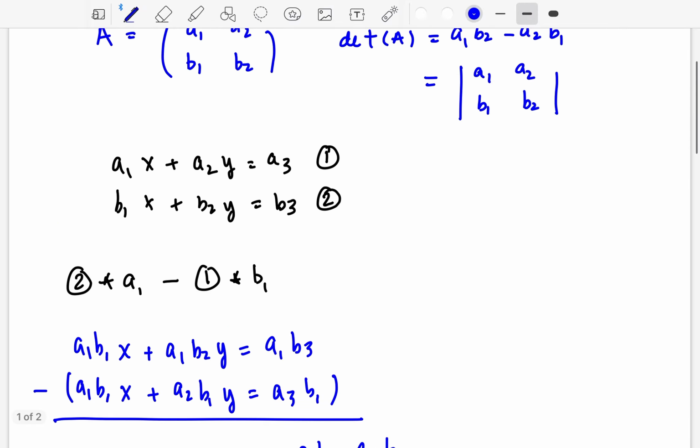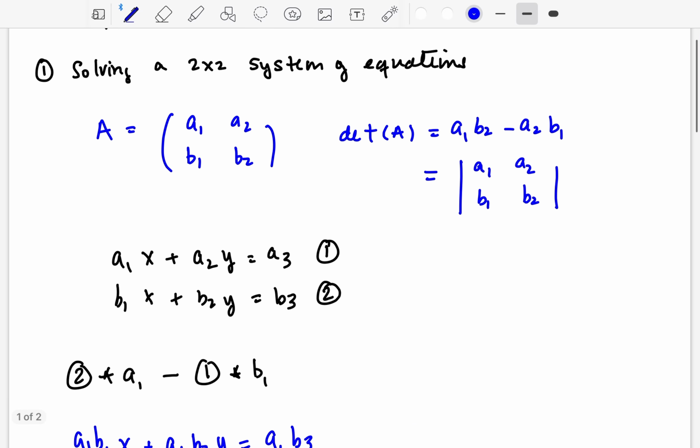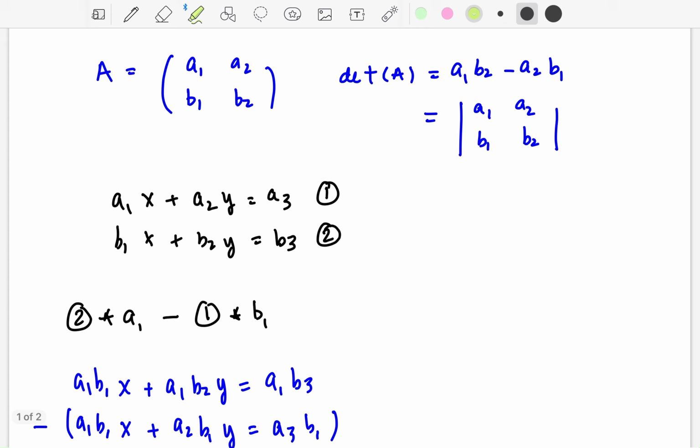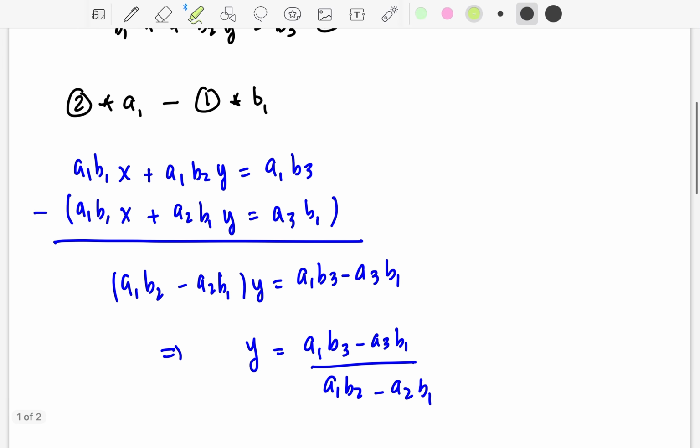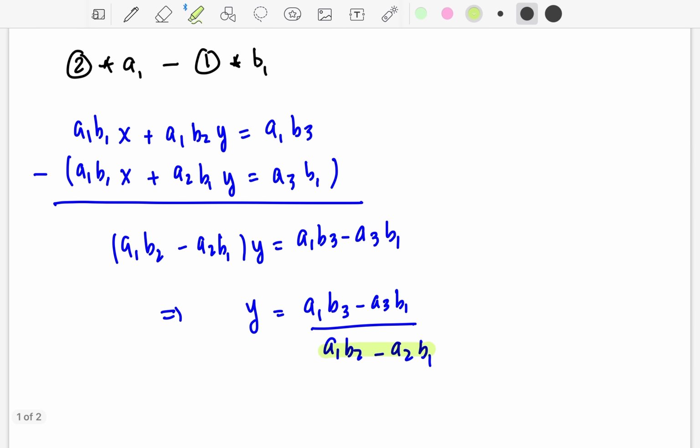Notice that this is actually the definition of the determinant, exactly the same. This is why it's called the determinant: if a1 b2 minus a2 b1 is not equal to 0, then the system of equations will have a solution. And if it is equal to 0, then the system does not have a solution. And this is true for higher dimensions.